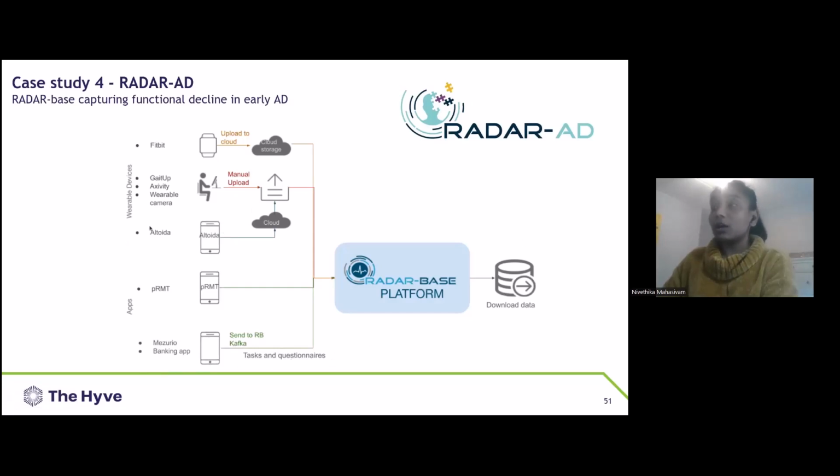The Altoida first sends its data to their cloud, and then their cloud would directly push the data into the platform instead of us pulling from their cloud. And for some devices like GitHub and Activity, we just get the data from these devices, and the researchers or the study coordinator would get the data from the participant and upload it to the system.